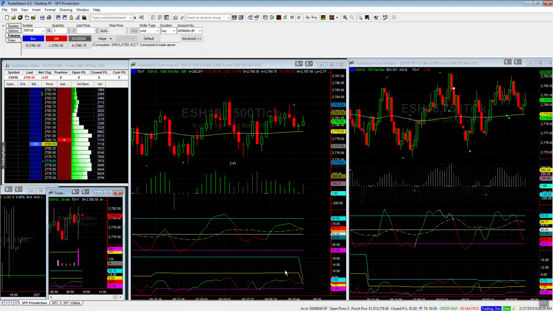So just looking at it right at the moment, I see that on the range indicator right here, and again, this is the upper bound, the lower bound, and this is the pullback line.